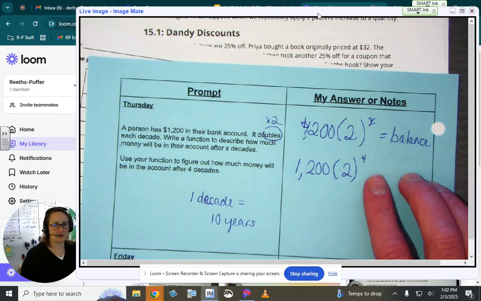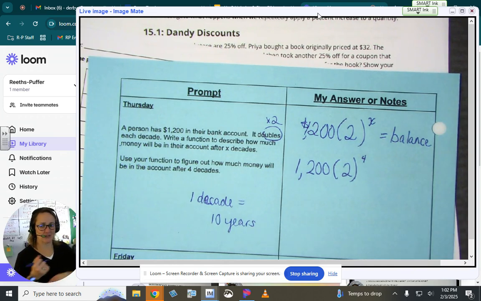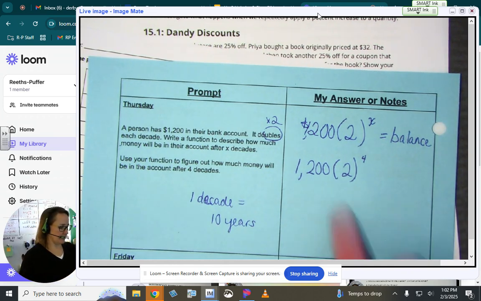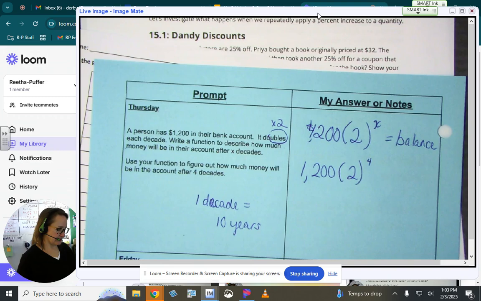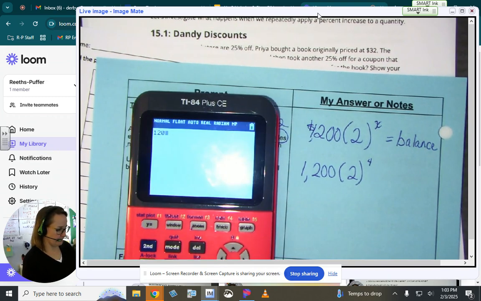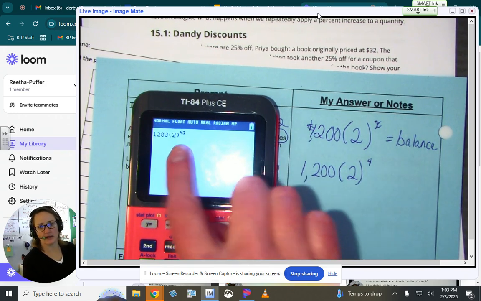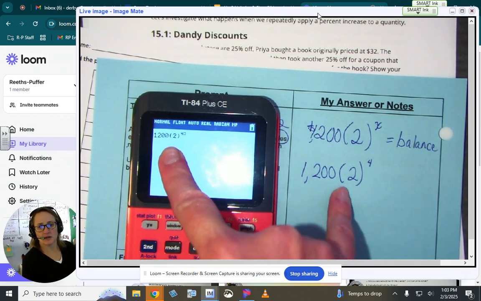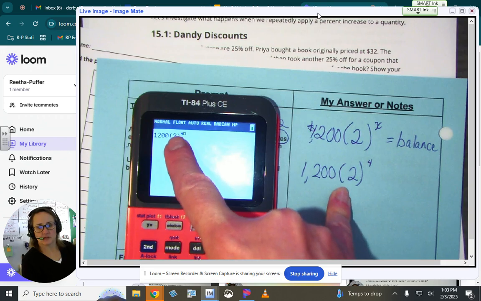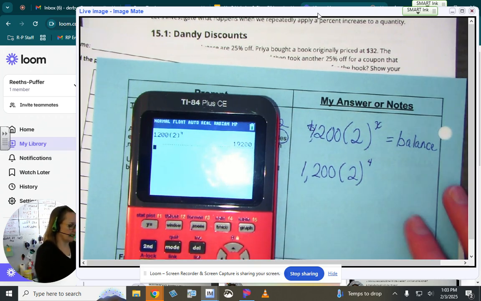That's a good thing to start knowing. We're going to start doing some time span changing like that. And so I just need a calculator now to solve this answer really quickly. Just typing it in, just like I wrote it. 2 in parentheses, raise it up to the 4th power, hit enter.